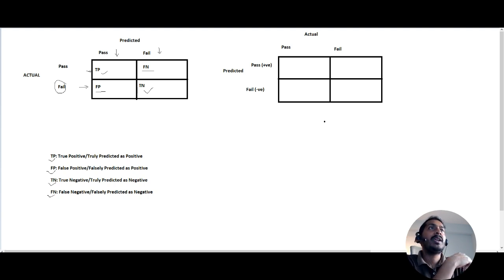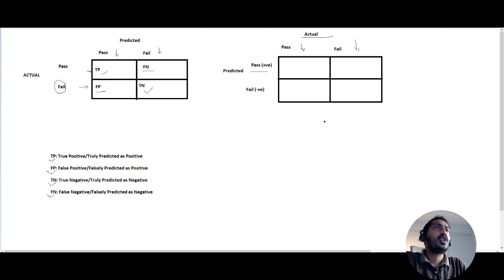True. Okay, but before going through that, just understand wherever we have actual, the actual is represented column-wise. So this whole column would be pass, I mean fail, because that represents the actual values.